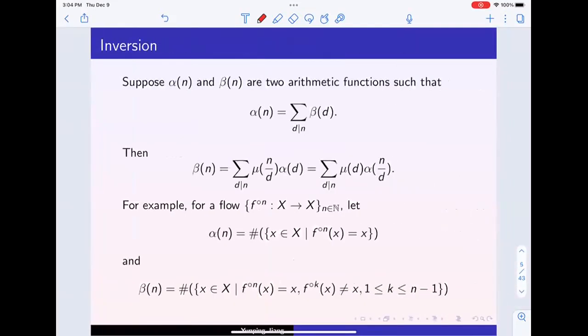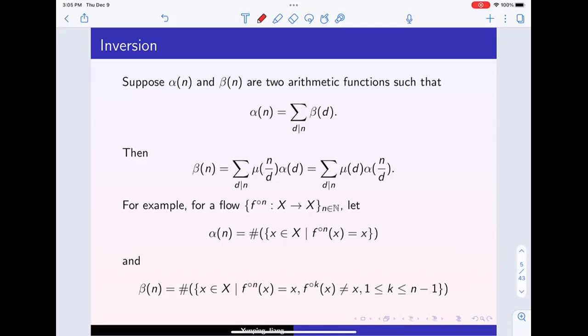Another property is called the inversion property. A long time ago, I got interested in this inversion property because at that time I was trying to study the so-called dynamical zeta function, so I needed to use this inversion formula.